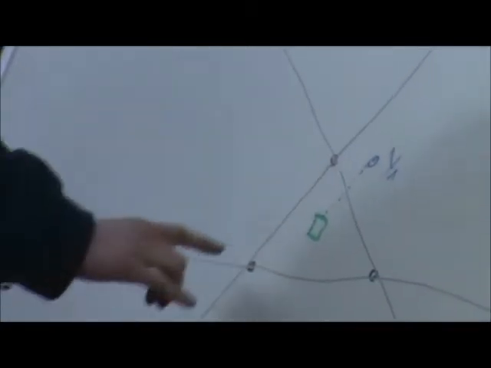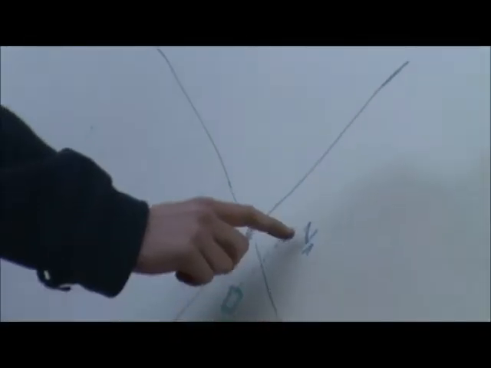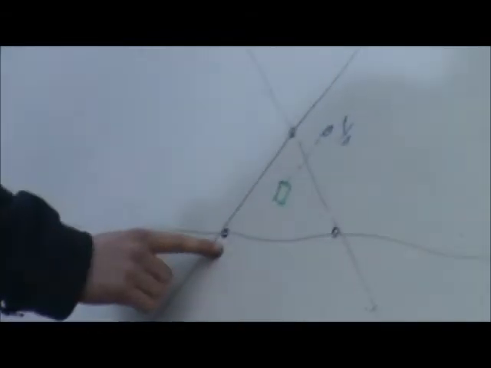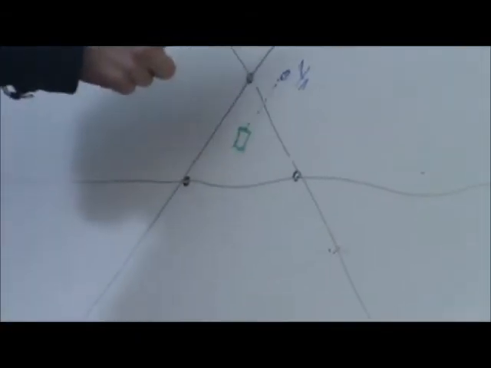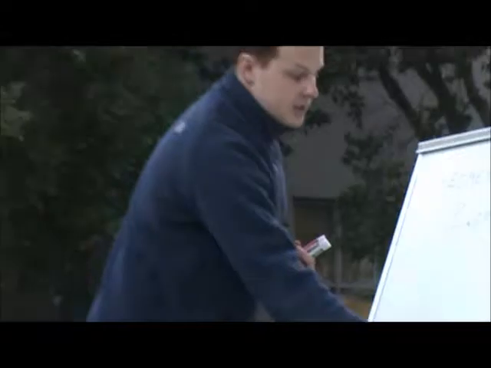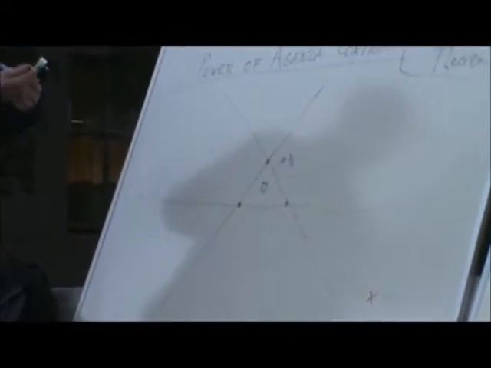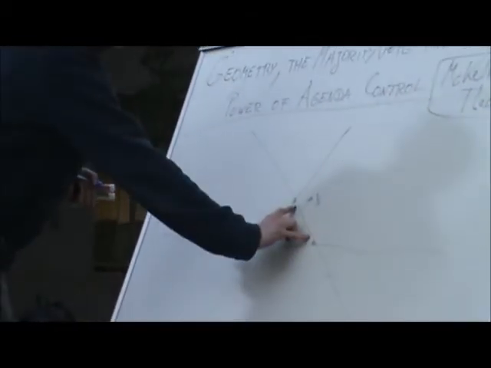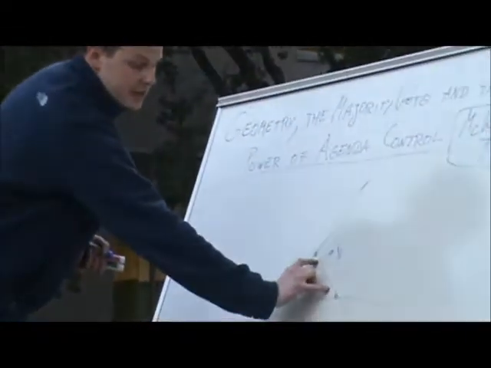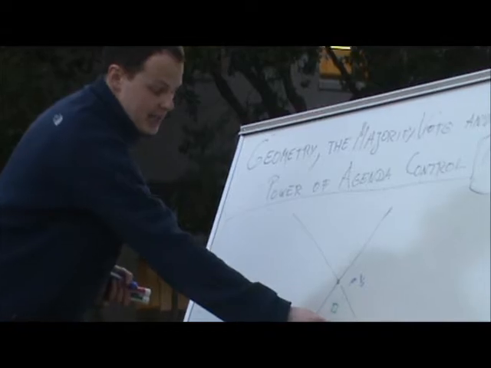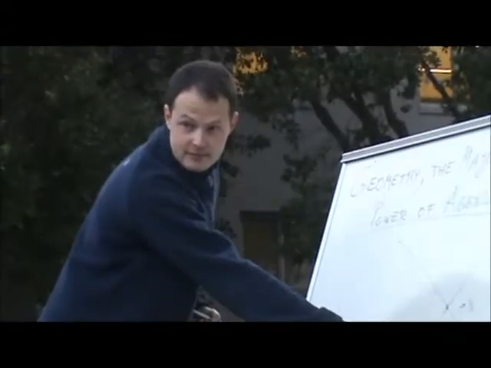So here we will have the situation that these two guys prefer this one a tiny little bit to this alternative, but this voter will be really unhappy about this change. So we can get these two to approve this by a majority vote, and they get a tiny improvement from their point of view, and we use this tiny improvement that we give to these two guys to hurt this one really bad.